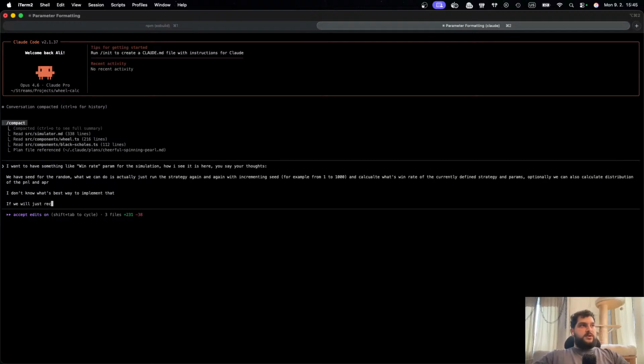If we just recalculate all of it all the time, maybe it's worth restructuring the UI a bit and generating simulations for different seeds in a list, and we can just expand one and observe it closely with a detailed view, as we have right now.